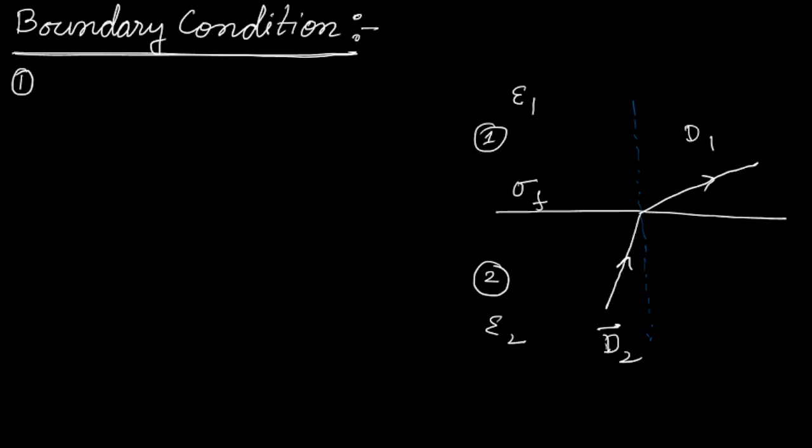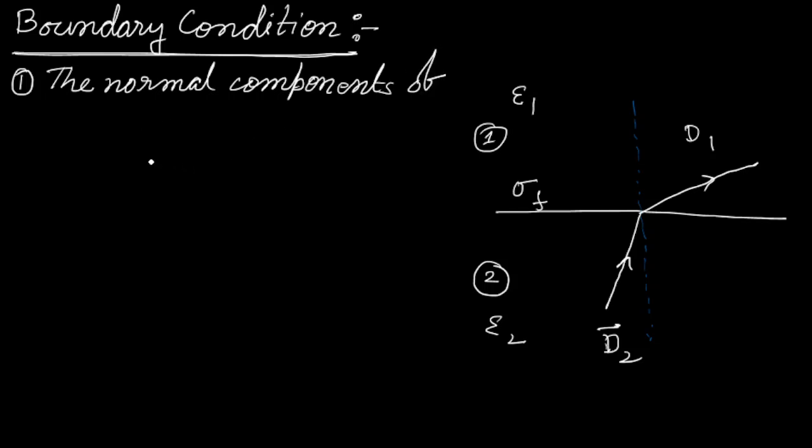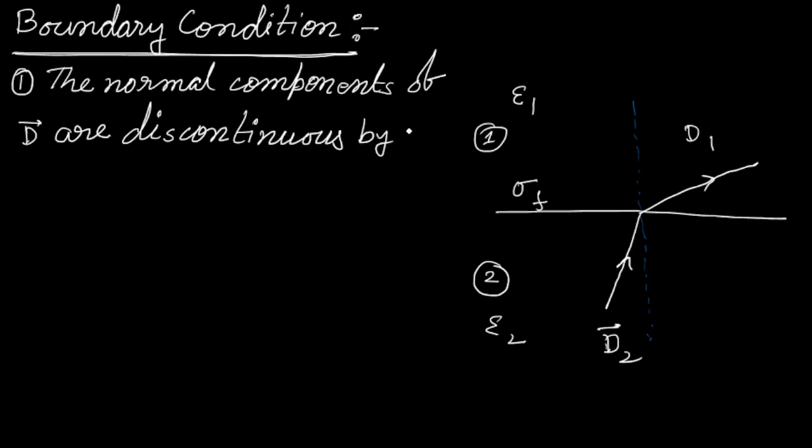then according to the first boundary condition we can write that the normal components of the displacement vector are discontinuous by the free surface charge density.